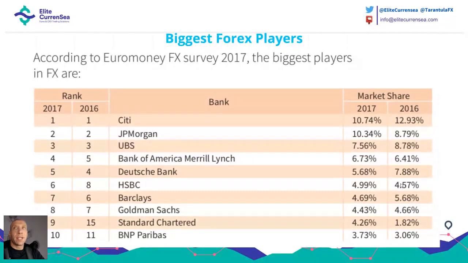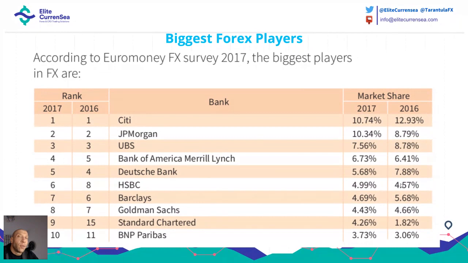The biggest Forex players, according to Euromoney in 2017, it's not a surprise, but it's always Citi, then JP Morgan, then UBS also, Deutsche Bank, HSBC, Goldman Sachs, Standard Chartered, and BNP Paribas. Most of them are big banks.